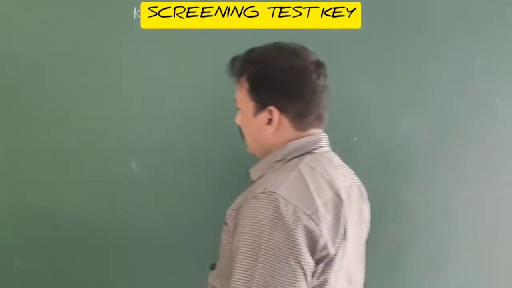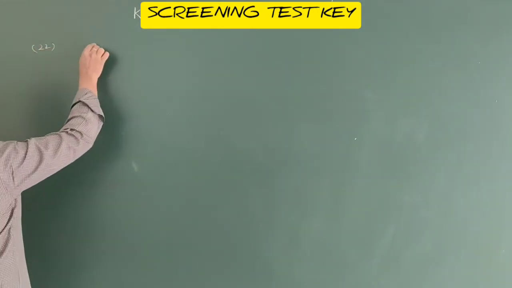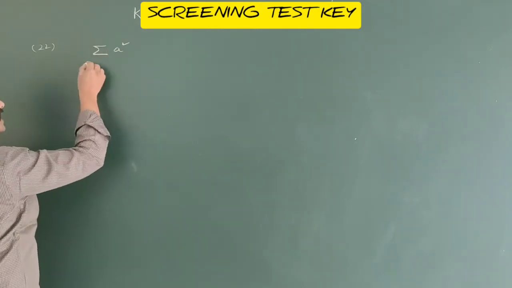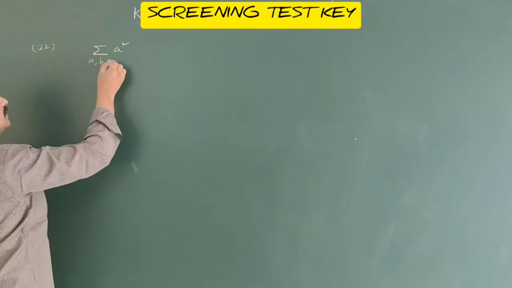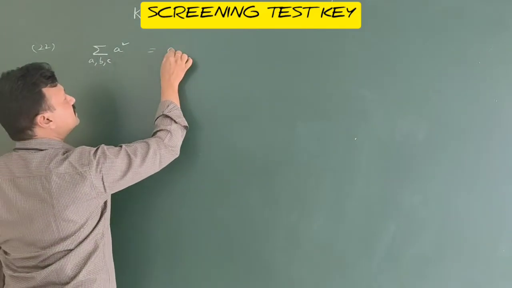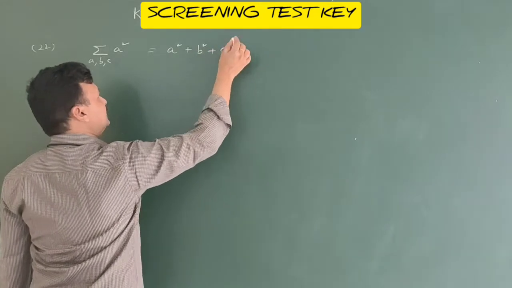Next, the 22nd one. Expand sigma a square, which means a square plus b square plus c square.